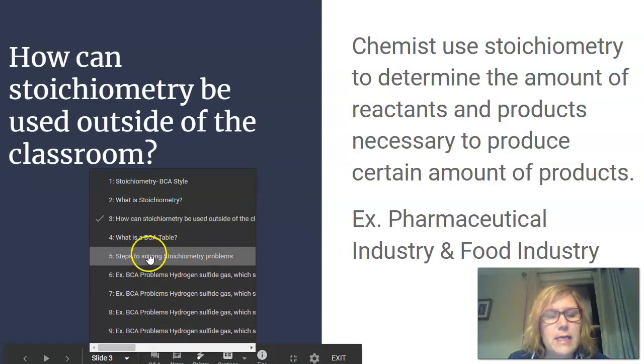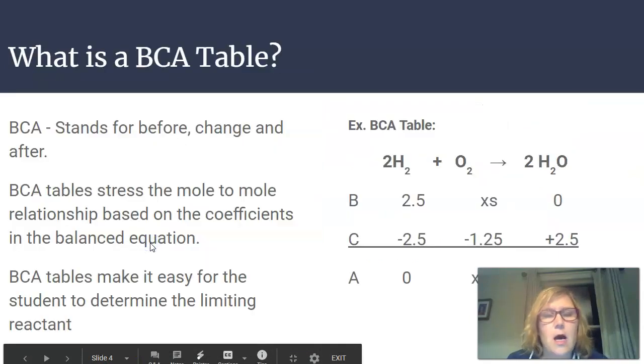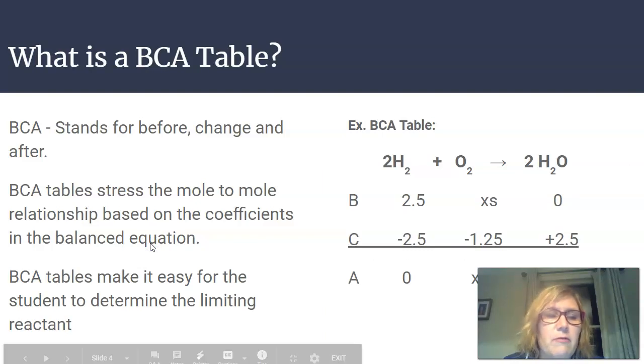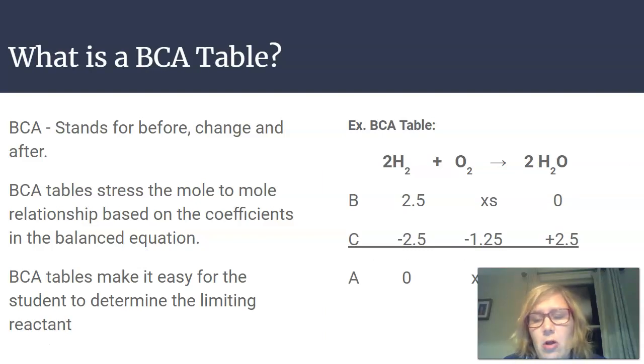So how do I teach stoichiometry? Well, first, we use what we call a BCA table. BCA stands for before, change, and after. If you go on to take AP Chem, this table will be used. It will be used as a BCA table, or when we do equilibrium reactions, we use it as ICE tables.